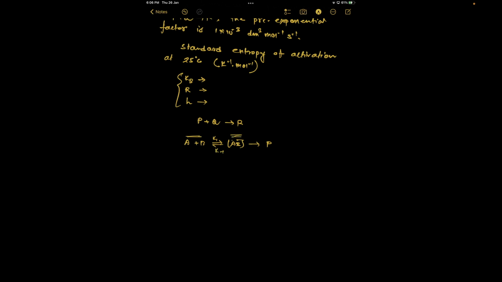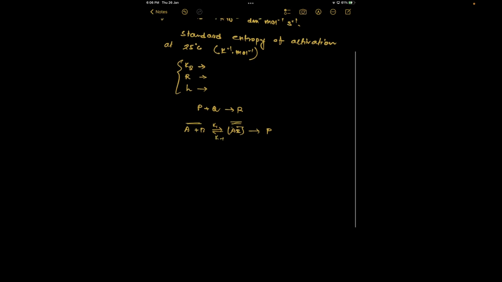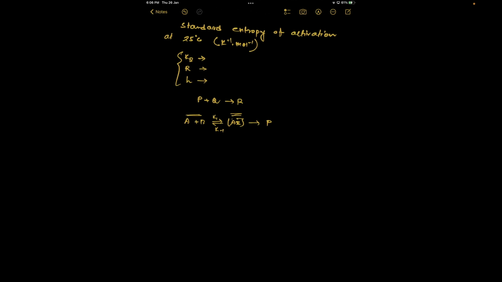In short, the rate constant using the transition state theory approximation is K rate, which is the rate constant for this reaction, equal to KBT divided by H times K equilibrium double dagger. This is the basic relationship. Here K equilibrium double dagger is the equilibrium constant between this activated complex AB double dagger and the reactant molecules.